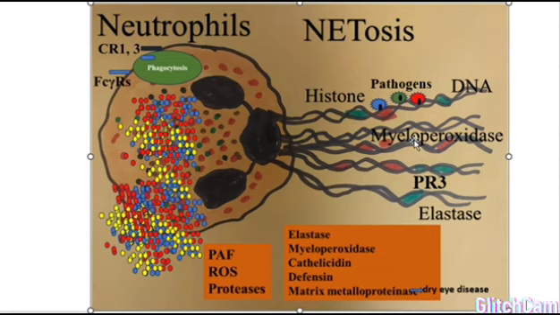However, when the immune response is done, as can be seen here, these pathogens are captured by the neutrophils.